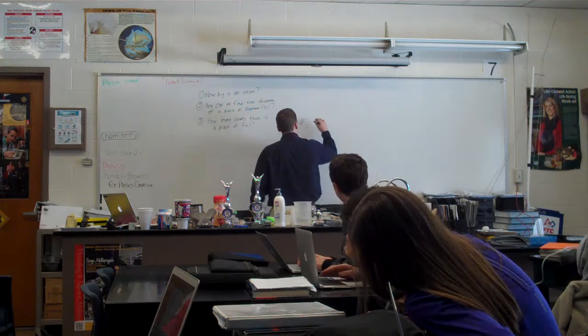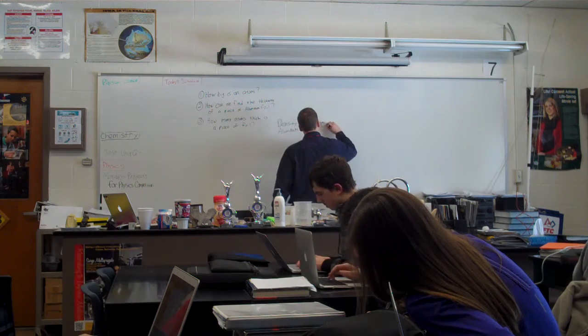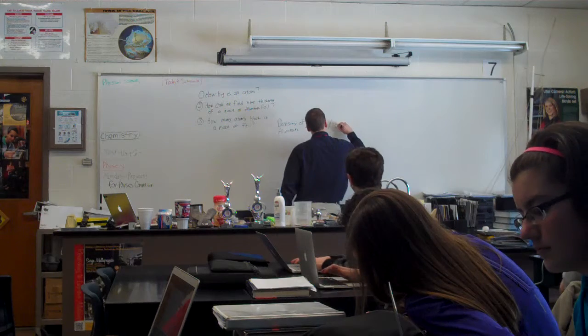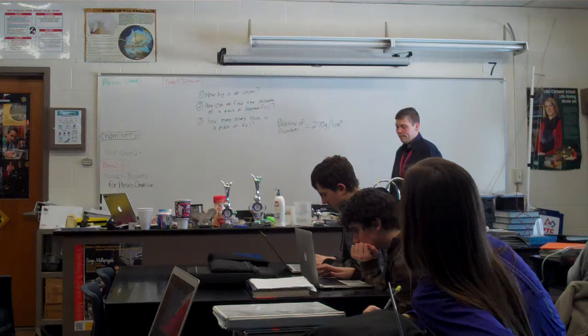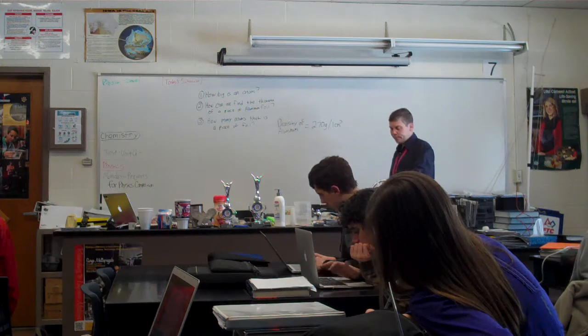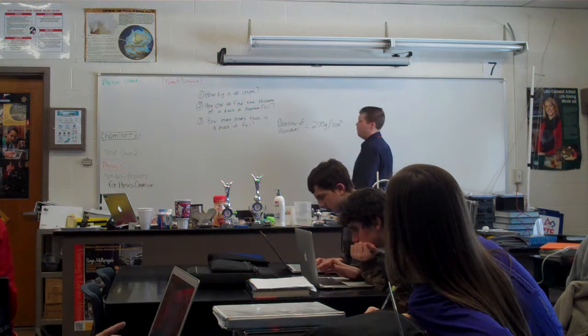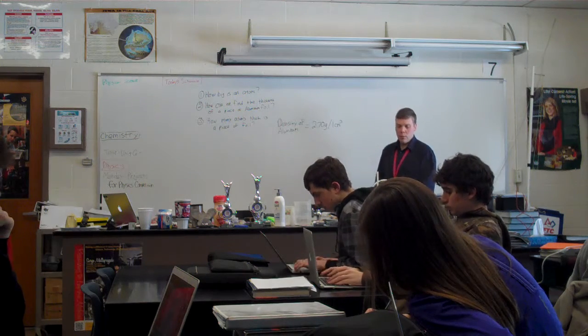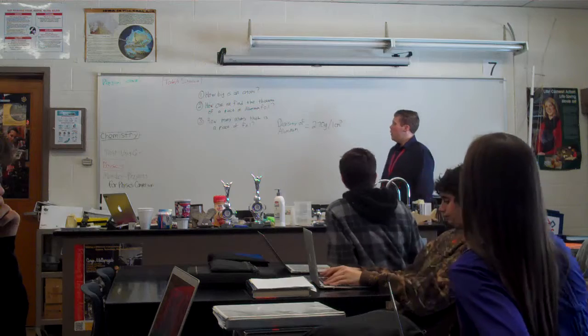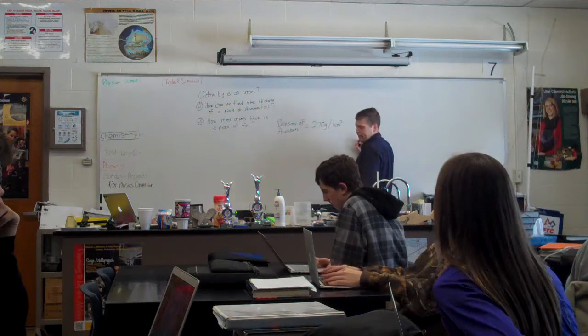The density of aluminum is 2.70 grams per centimeter cubed. So that is the density of aluminum.